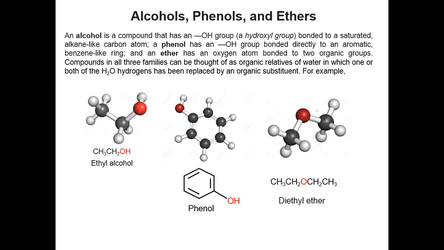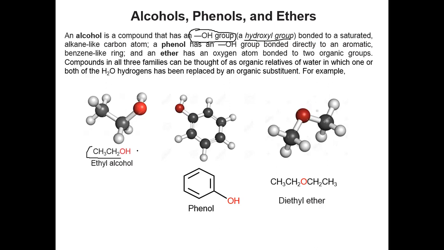What is about alcohols is that there is an OH group which basically determines the alcoholic character of the compound. It's called hydroxyl group, OH group, okay? And it's bonded to a saturated alkane-like carbon atom. Saturated, which means that it's alkane. So look at this one.